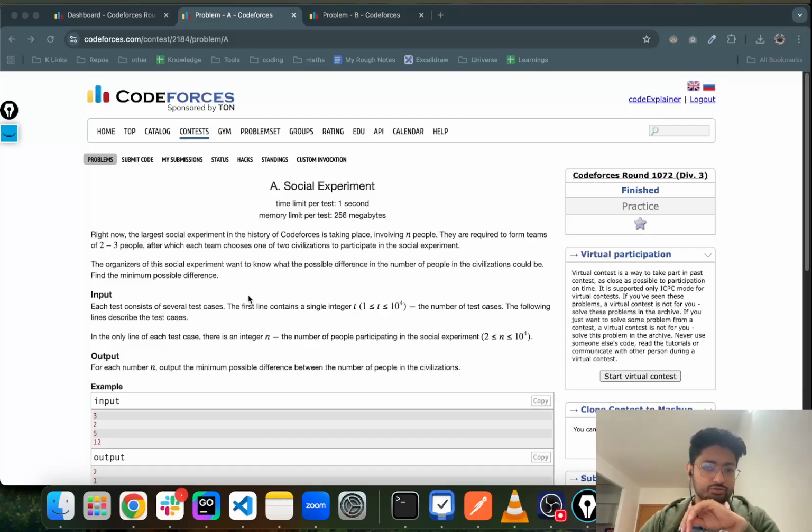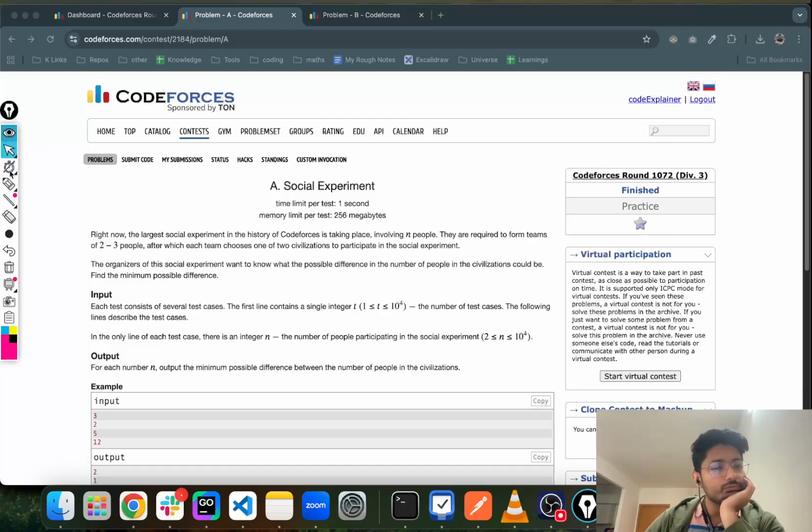The organizers of this social experiment want to know what the possible difference in the number of people in the civilizations could be; find the minimum possible difference. Cool. So what you can see here is that you have a social experiment with n people. It requires forming teams of 2 or 3 people, and each team has to choose one of the two civilizations.